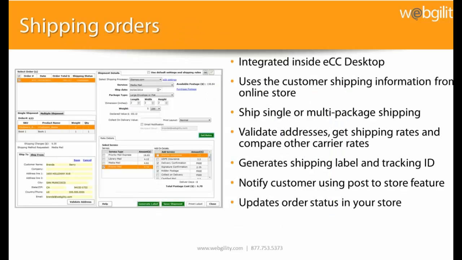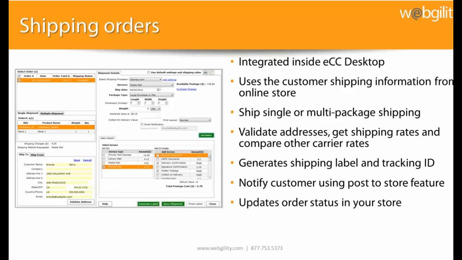All right, shipping orders. So the image that you're looking at on the left-hand side is the shipping module, and the shipping module is integrated directly inside of ECC Desktop. So it takes in all the information, for example, the ship to information that's contained within the online order, and it sends that to our shipping module, so you don't have to recopy that information. It just slides everything over.